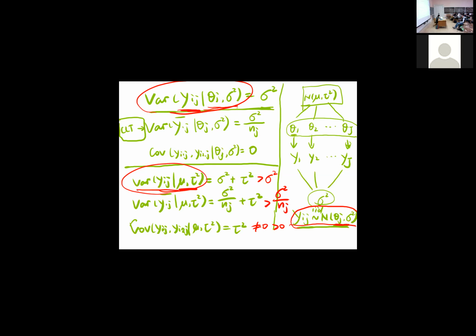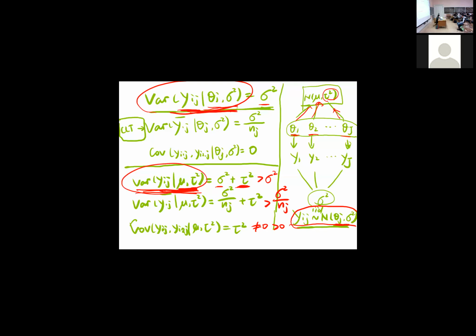While with this one, you're sampling the variability not only from the first group, but also you have one more layer of sampling, where each of the means is from another normal over here. I think it's not by chance that the variability of yij given mu and tau squared is actually sigma squared plus tau squared, and that tau squared is the variability of the normal that you have.